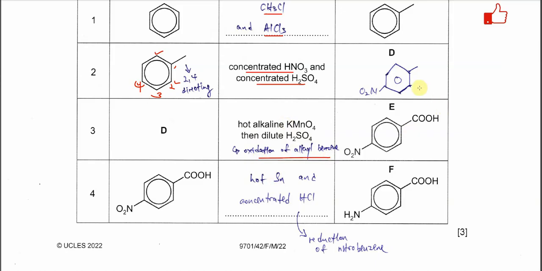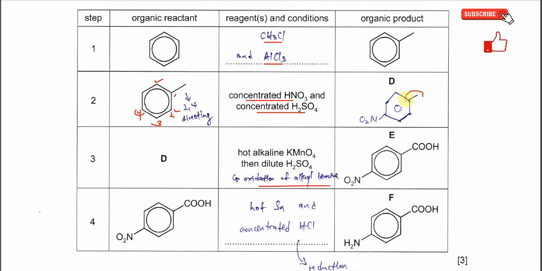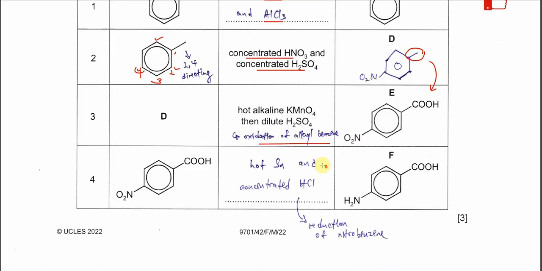Means just now the D has 1 methyl benzene here. The methyl group here will oxidize to form the COOH, this benzoic acid. So this is the oxidation of the alkyl benzene. This one you should know.